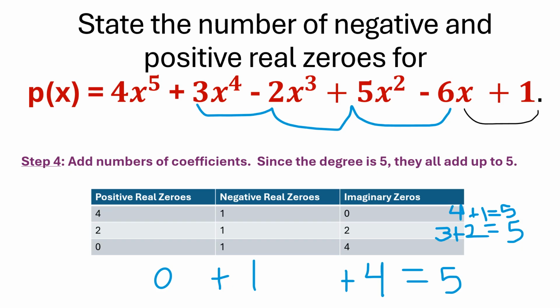If you had 2 positive real zeros, your 2 plus 1, this whole column is negative real zeros because we've already done the math. So that's 2 plus 1 is 3, plus this 2, it has to be 5. And then if you had 0 positive real zeros, 0 plus 1 is 1.